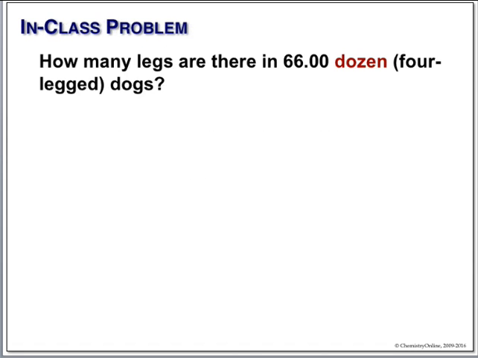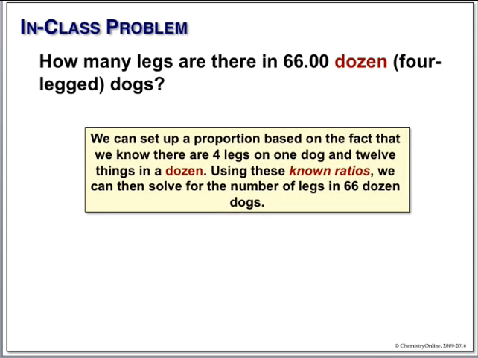So, if we had 4-legged dogs, and we had 66 dozen 4-legged dogs, how many legs would we have? Let's solve this using the given ratio sort of thing. We're going to use that a lot. In this, we are given that we have 66 dozen, right? The ratio is 12 things in a dozen. We all know that. A dozen is 12.